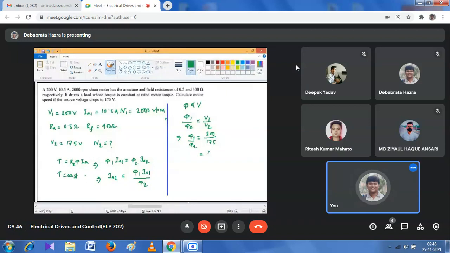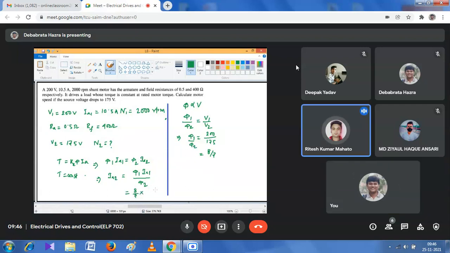So put that value here and calculate the value of Ia2. This should be 8/7 into what is the value of Ia? 10.5. So tell me the final value of Ia2.